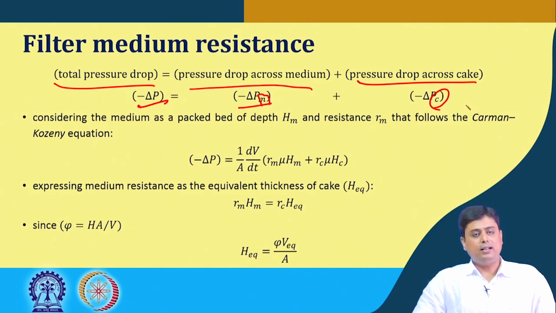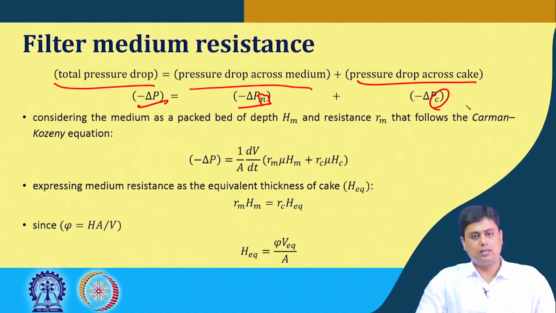Then we can write the del P expression considering the medium as a packed bed of certain depth Hm and resistance Rm, which follows the Koenig-Karman expression.